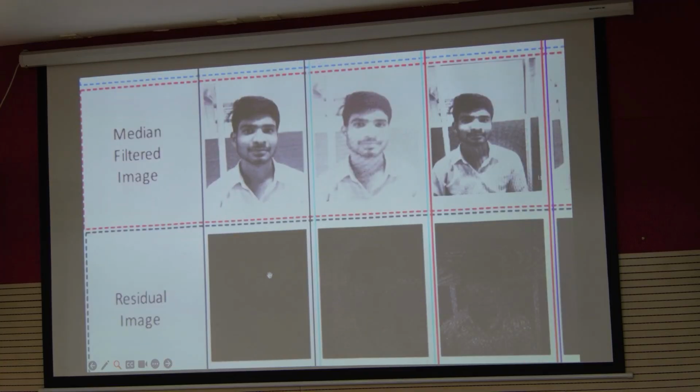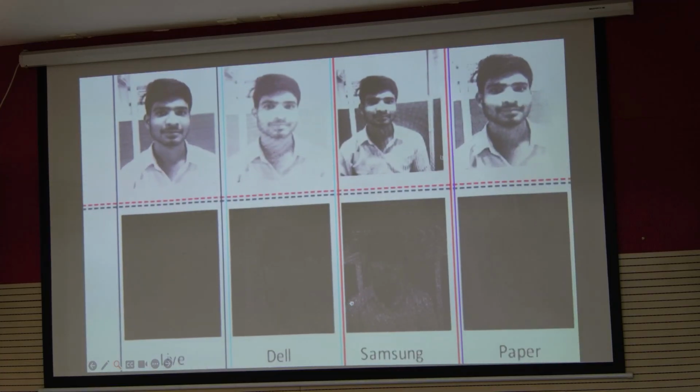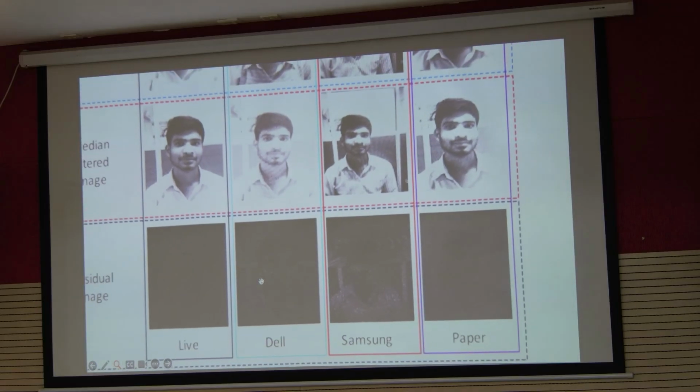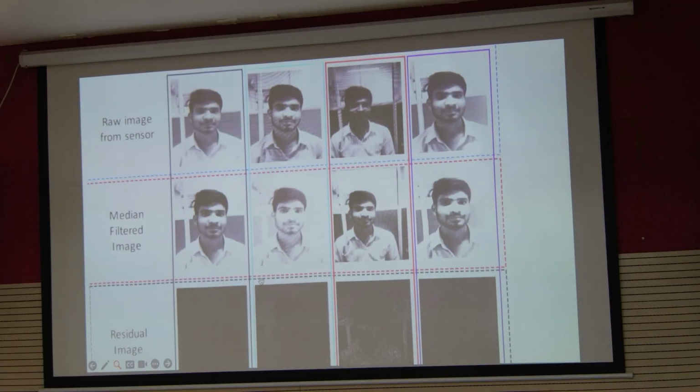You see that it's a completely black picture, right? If it is not a picture coming from a live person, let's say it's an image coming from a screen, the screen will emit some differences. You see these patterns here. I don't know if you're able to see it from there. It's like a moiré pattern.